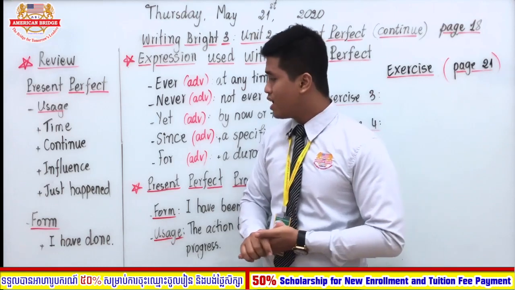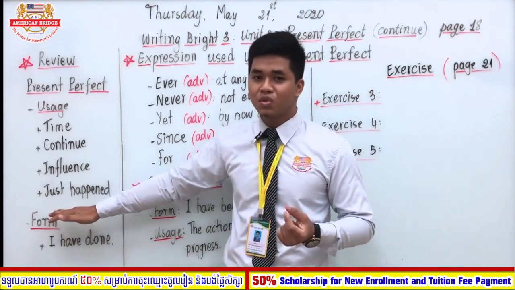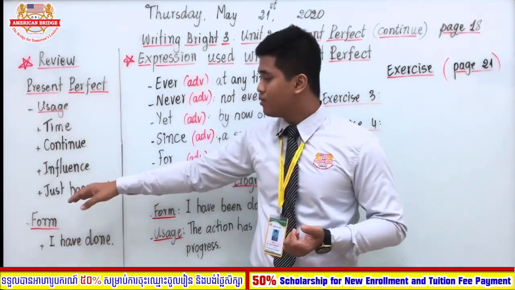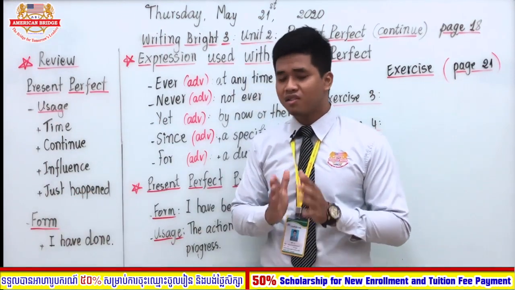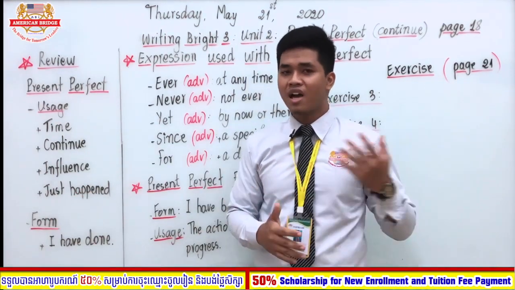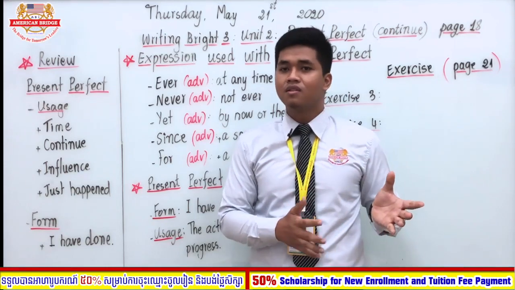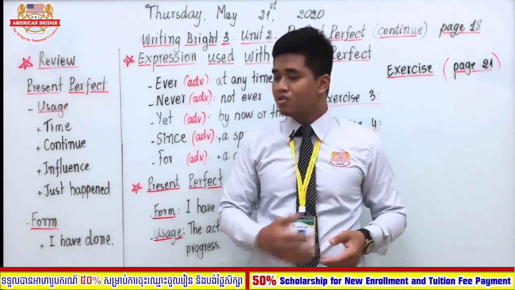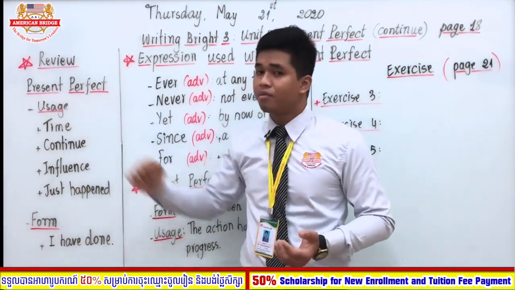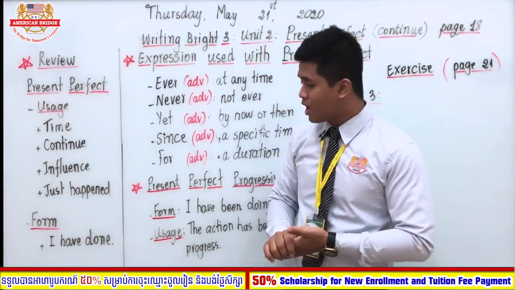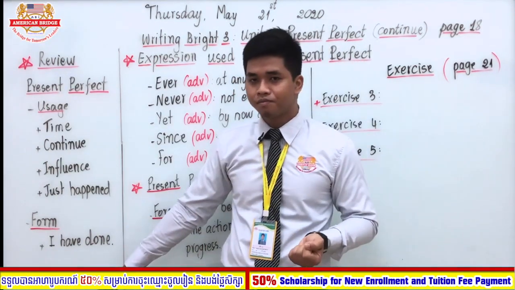And the other case where you can use present perfect is to talk about something that just happened. It just happened a few minutes or 5 minutes ago, so you use present perfect. Very good, everyone. And do you remember the form?